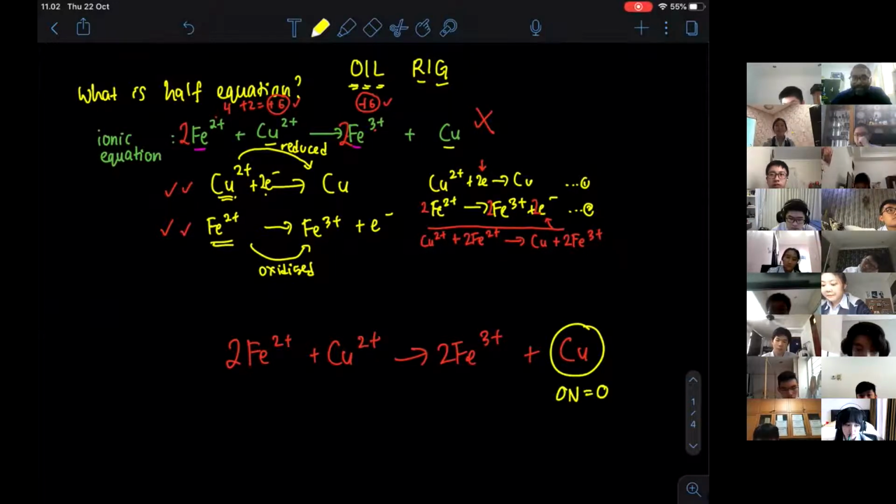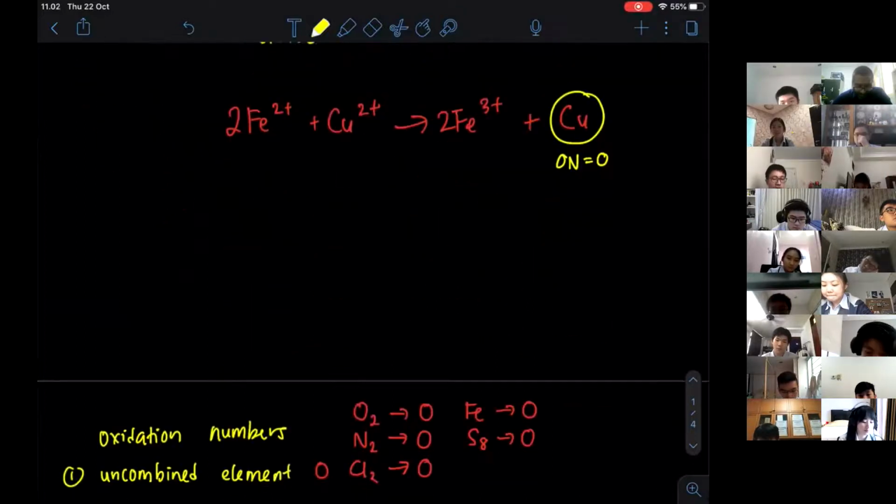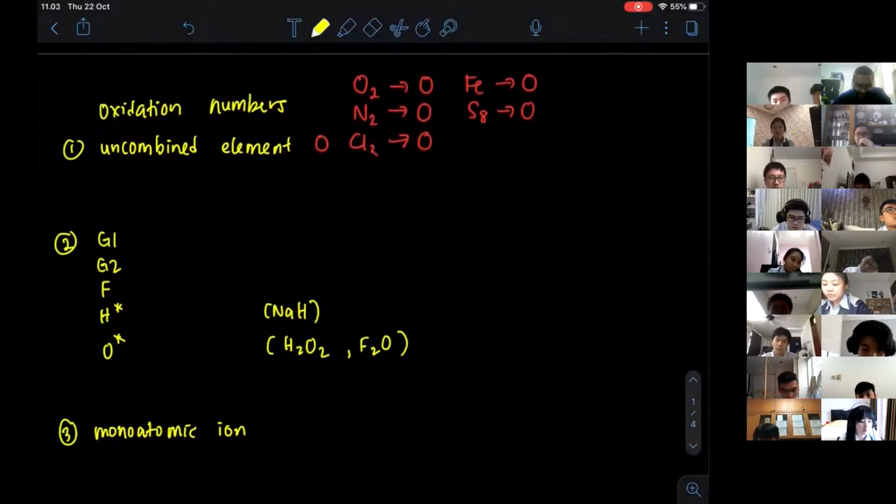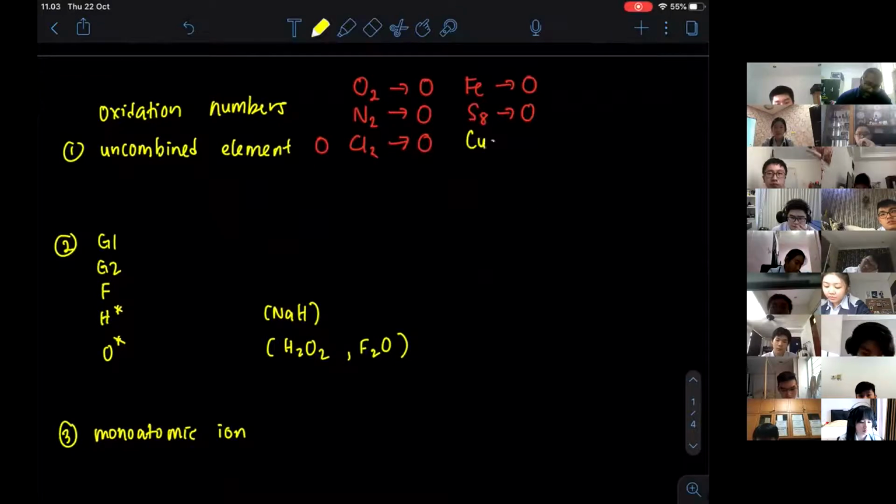Please remember this. Copper is going to be 0 because it's an uncombined element.